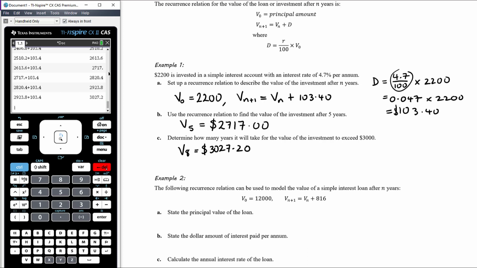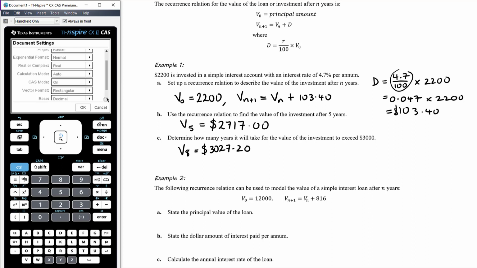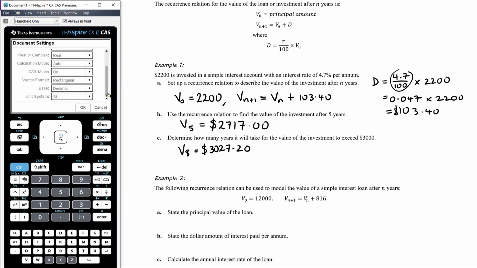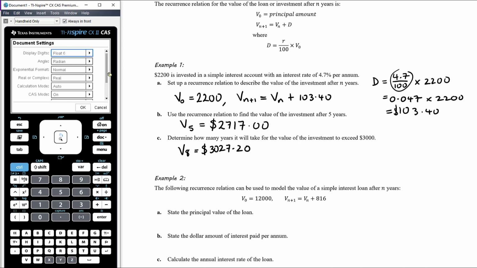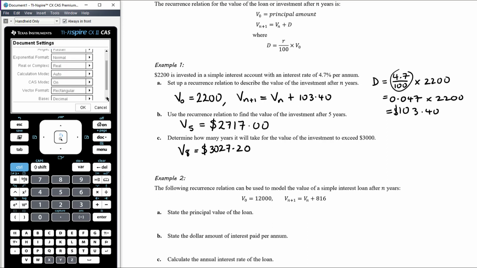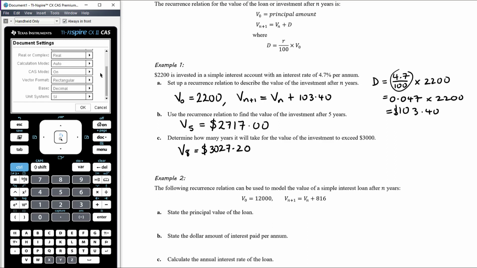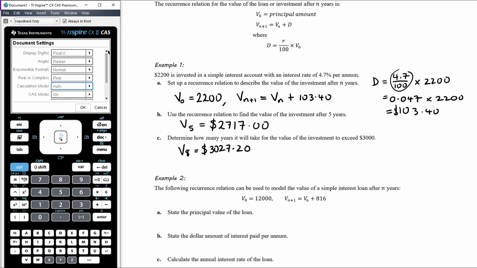One thing I would say to you, when we're dealing with financial maths, we're often dealing with very big numbers. I would strongly advise you, so I've just clicked on the battery at the top there, document settings, to make sure that your float settings are set reasonably high. So which one do I want? No, not calculation mode. Sorry. The top one, sorry, display digits.